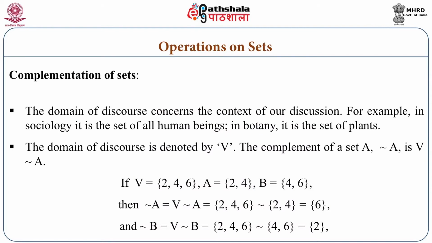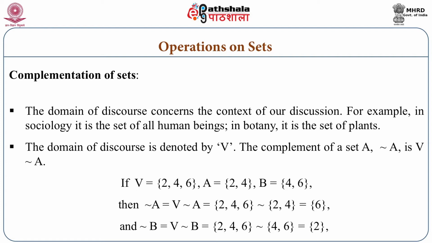Now suppose we have set V having 2, 4, 6 as members, set A has 2, 4 as its members, and set B has 4, 6 as its members. So what is the complement set of A?